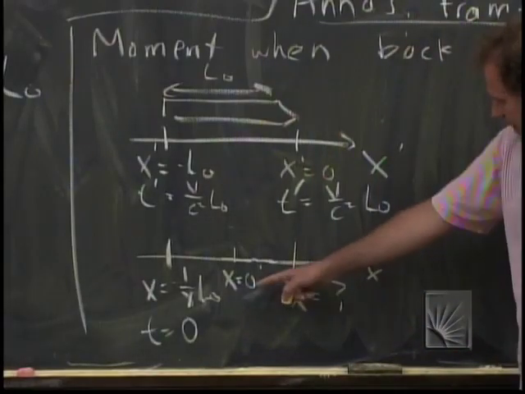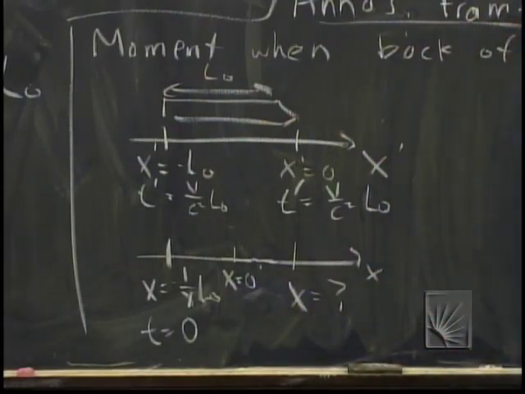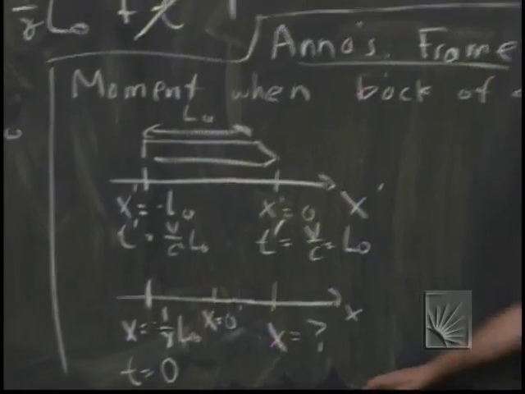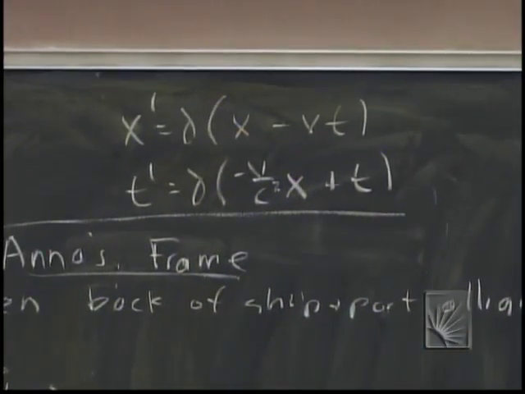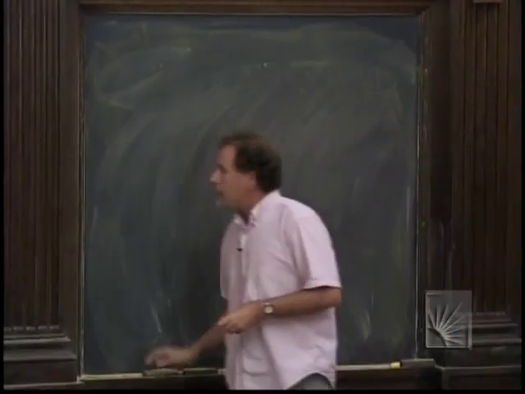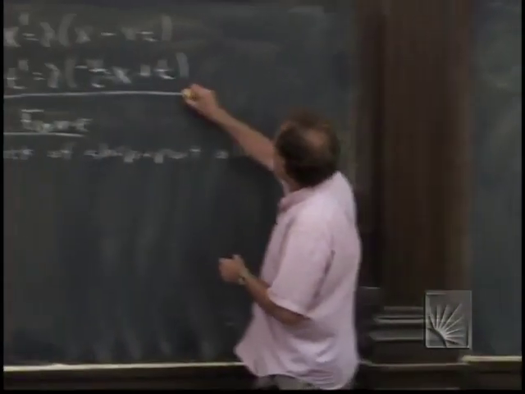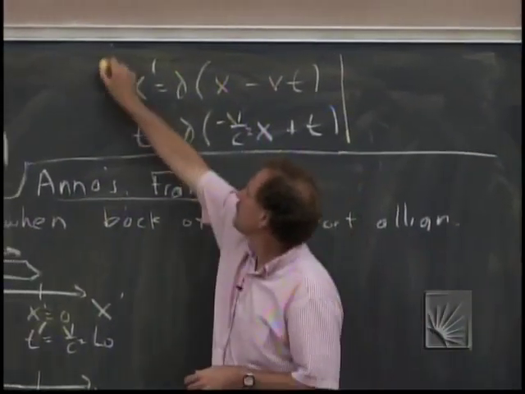Let me make a comment about time though. I had these equations. Whenever I have those equations, I have the complementary equations to go the other way. I can write it here. How do I get the complementary equations?